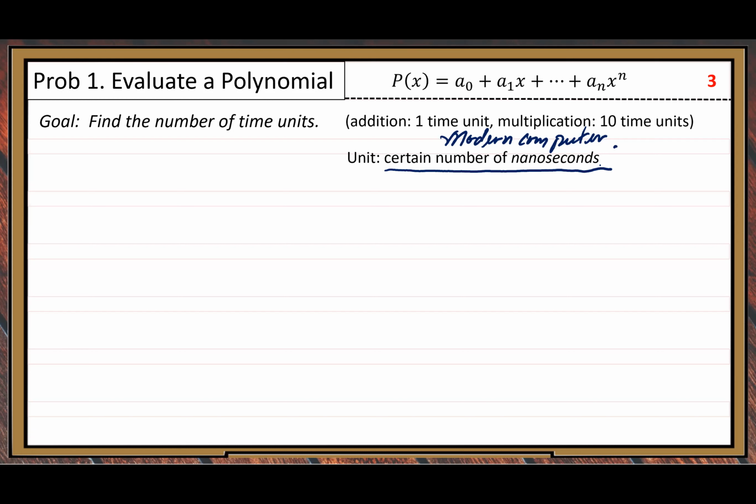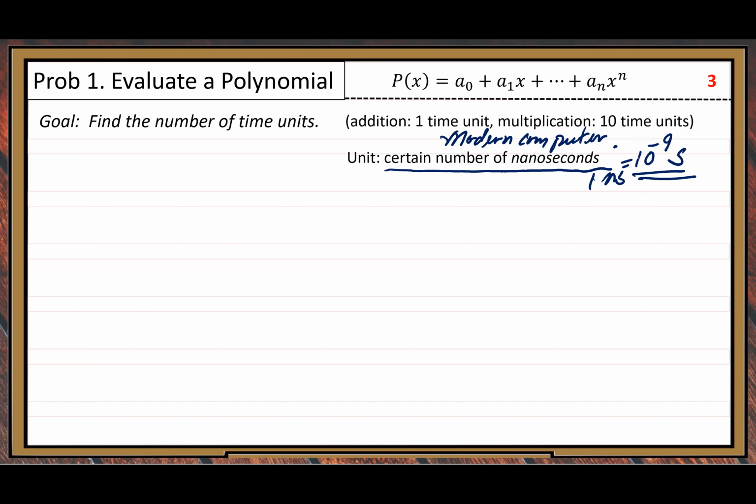Nanosecond. Do you have an idea of the nanosecond? Just to remind you, 10 to the negative 9 second. 1 nanosecond, 1 ns equals that number. 1 billionth of a second.